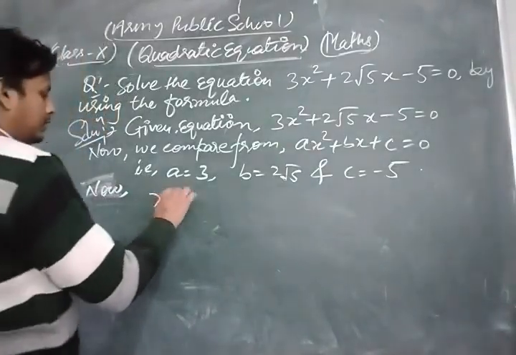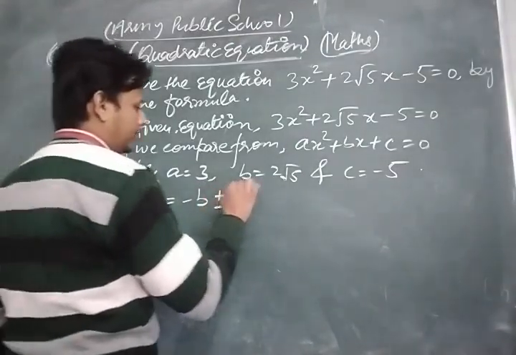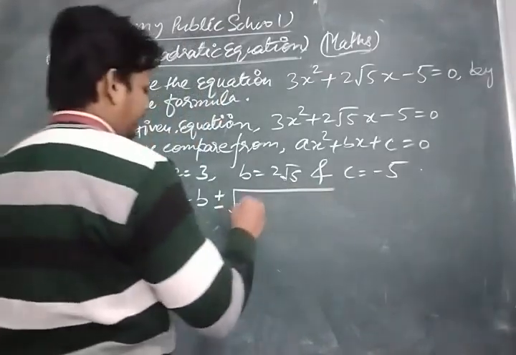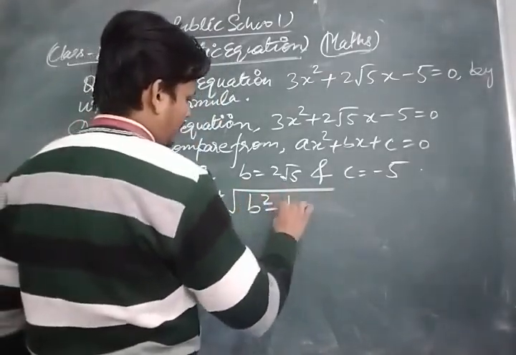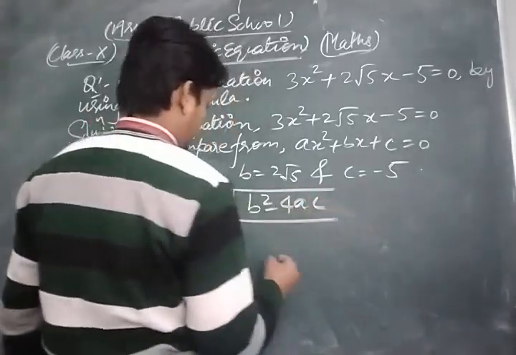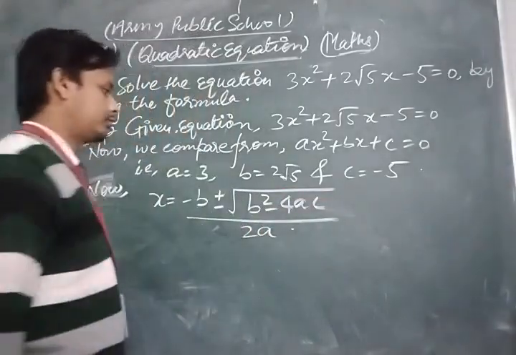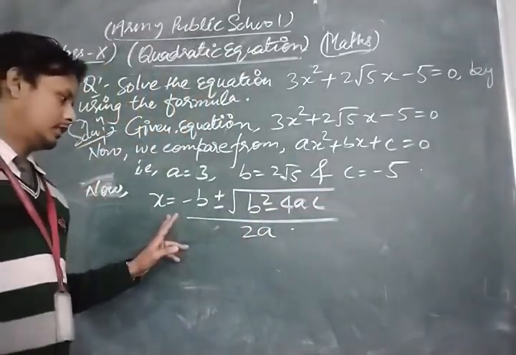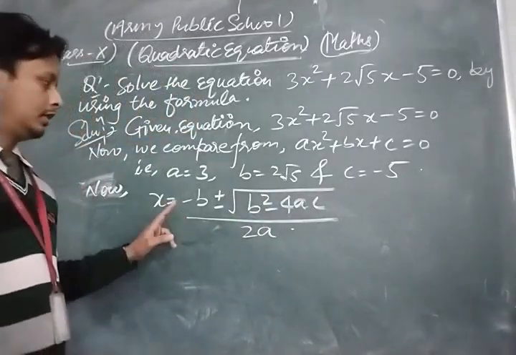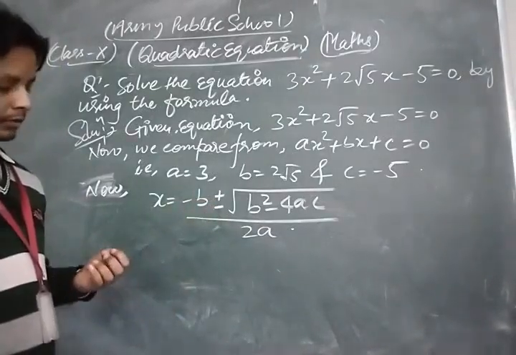That is for x, this is minus b plus minus under root b square minus 4ac upon 2a. This is the formula. This is the quadratic formula: minus b plus minus root of b square minus 4ac upon 2a.